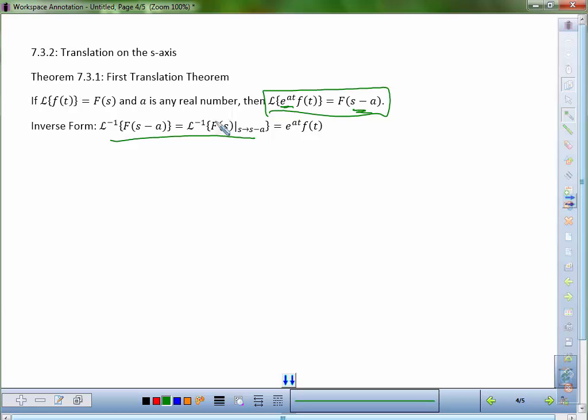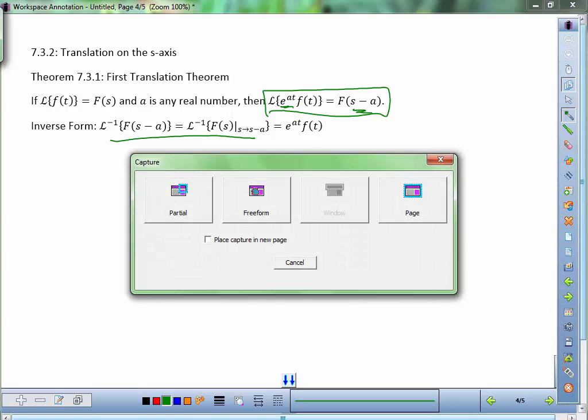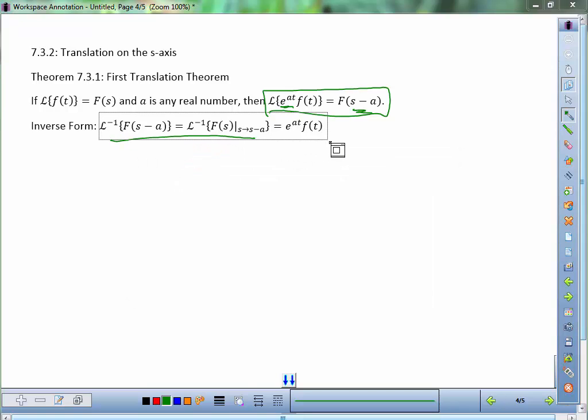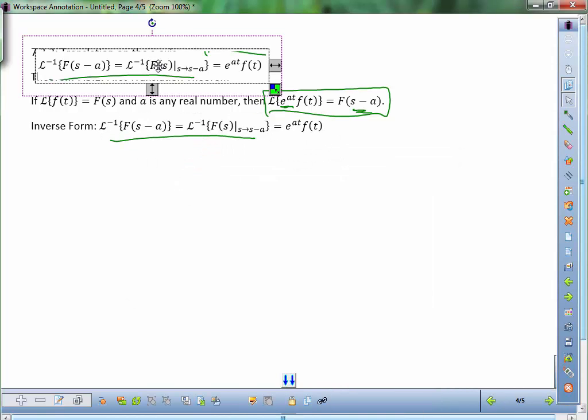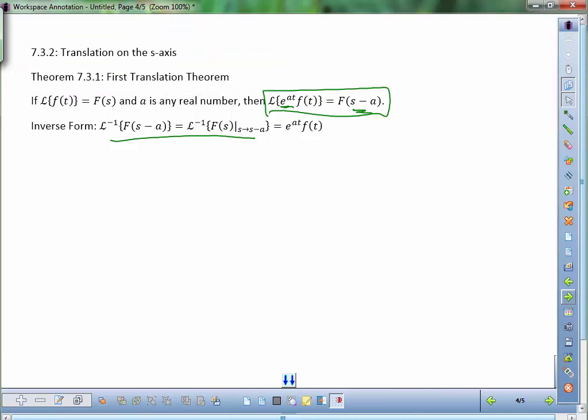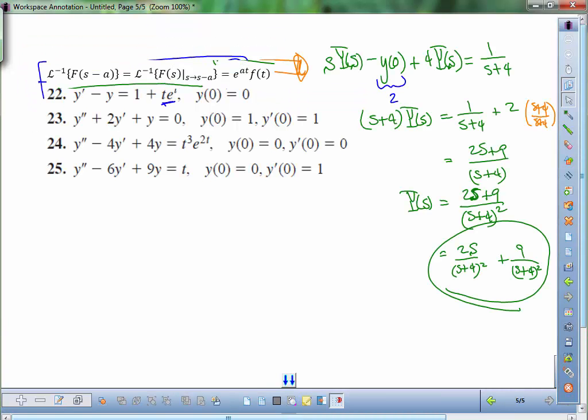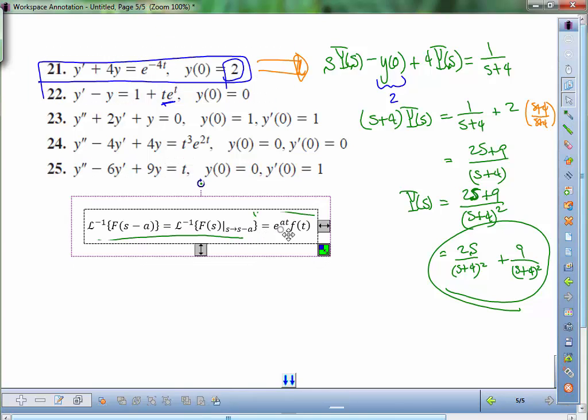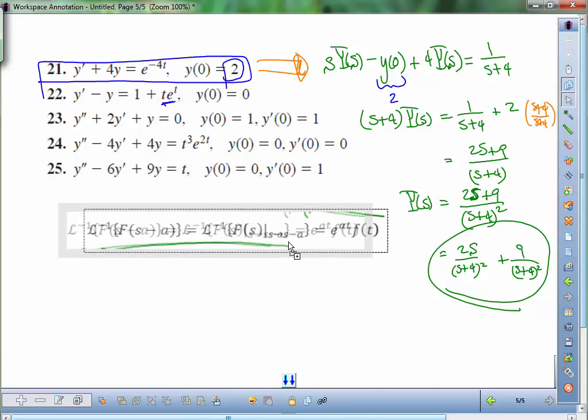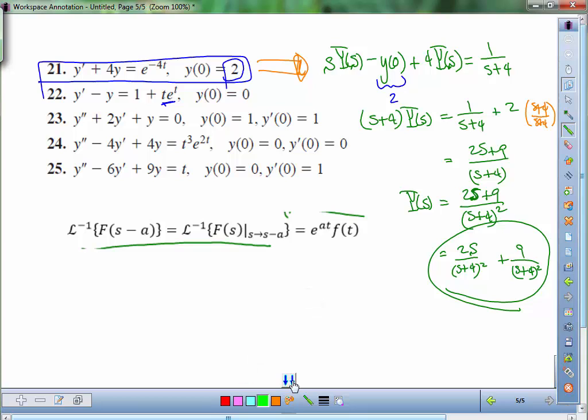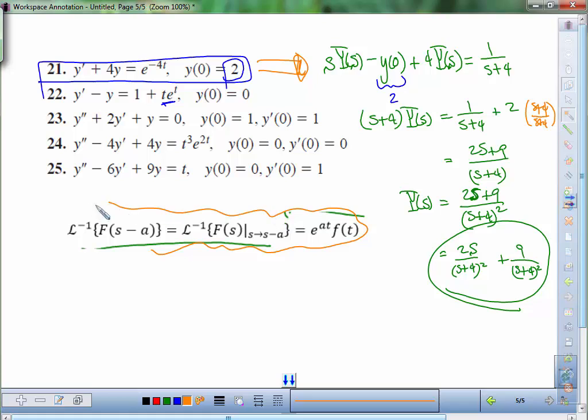What does that mean for us? Let me take a quick picture of this and bring it back to the current page that we're working on. So this is our translation that's going to help us bring everything back to the t world.